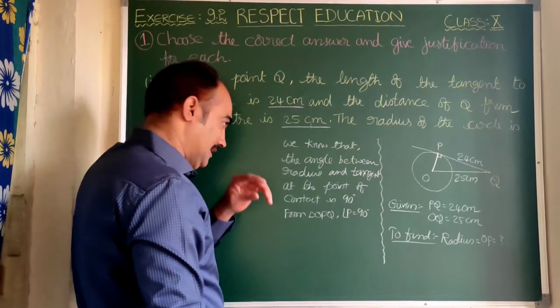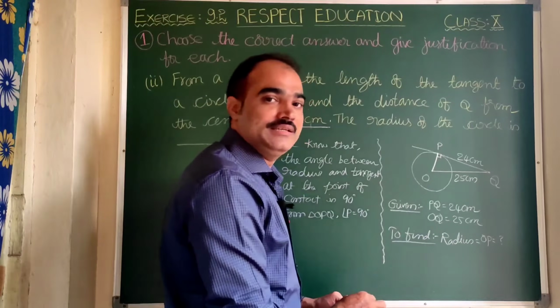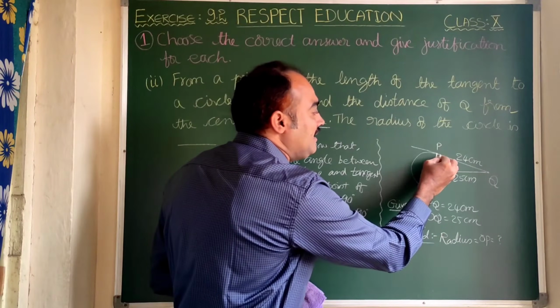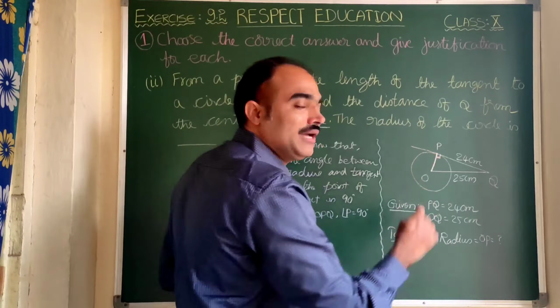Then you can easily say which kind of triangle OPQ is. Since one of the angles is 90 degrees, it is a right angle triangle. Which theorem can be applicable? Pythagoras theorem can be applicable.